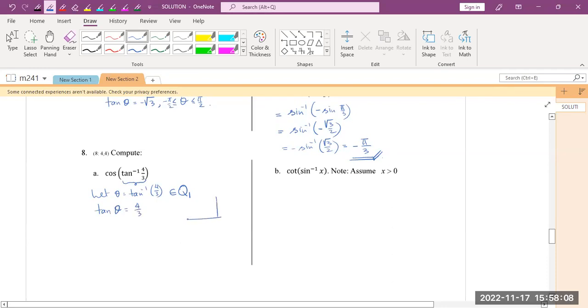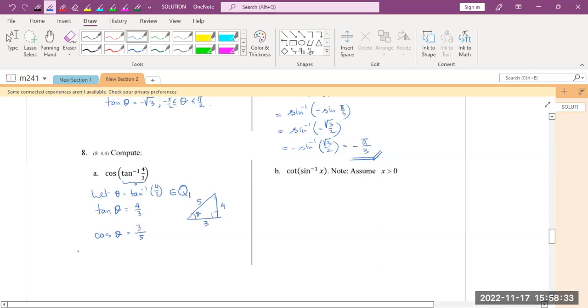Actually, that's the secret of this method. Suppose this is theta, this is 4, 3. That's tangent theta equals 4 over 3. By the Pythagorean theorem, this is a special Pythagorean triplet, so this is 5, right? So cosine of theta is 3/5, from the triangle.